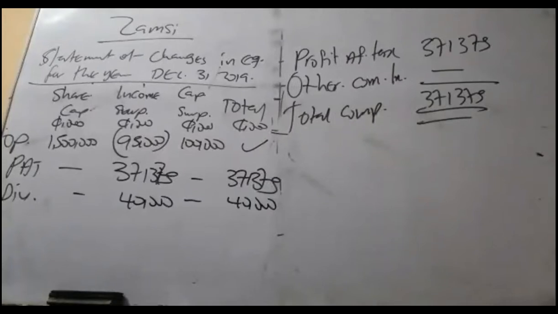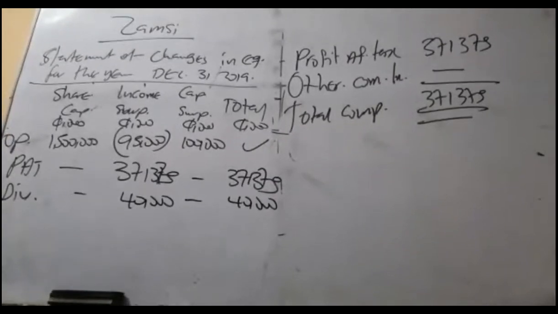So I think that's all for changes in equity. But expect more items going into it, for example the revaluation. Revaluation gains go to changes in equity.